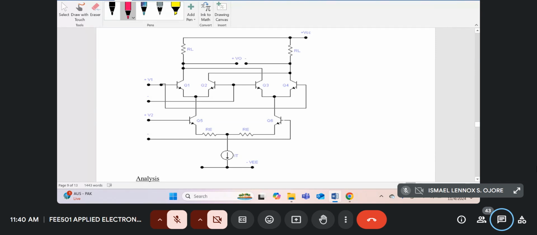The assumptions we're going to make are that Q1, Q2, Q3, Q4 are matched transistors. Q5 and Q6 are also matched transistors. The base currents are almost zero because the HFEs are very large, so base currents are negligible. The betas of the transistors are very large.